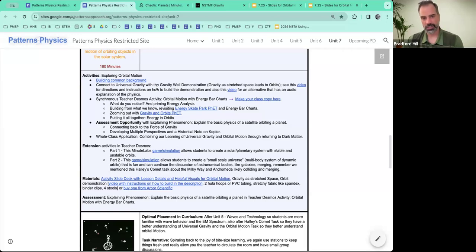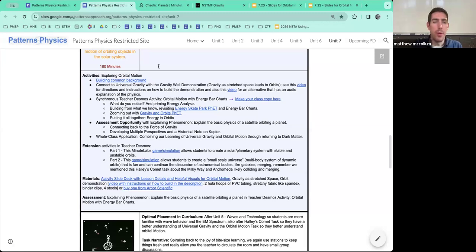We had bar charts with the bungee jump, bar charts when we analyzed wind turbines in Unit 6, and we got bar charts to understand orbits so that students actually go into Kepler's laws, not memorizing them, but trying to explain them using the tools of science, energy bar charts. We got a lot of other fun things, and I'll hand it back to Matt to talk about some of the extensions that you can do with orbital motion.